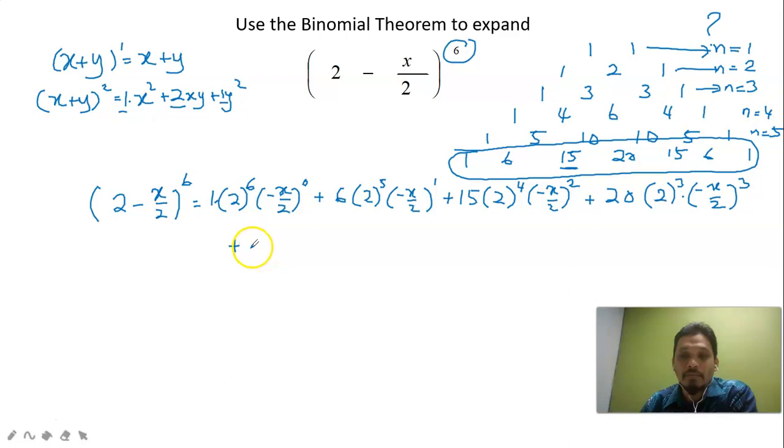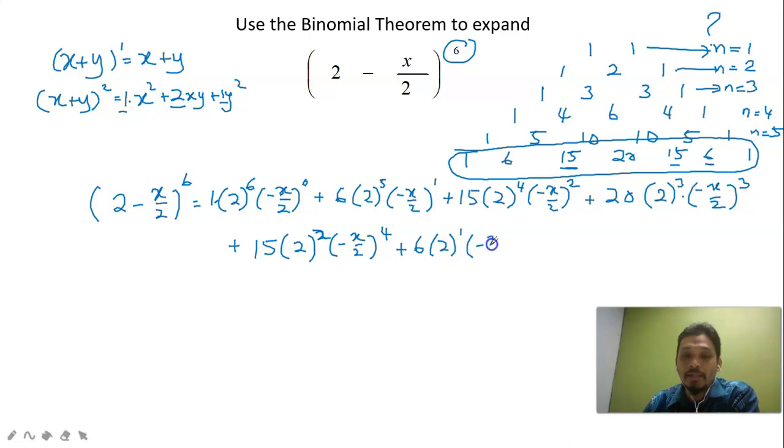plus, after 20, another 15 times 2 to the power of 2, negative x over 2 to the power of 4. Next, after 15, the coefficient is 6: 6 times 2 to the power of 1, negative x over 2 to the power of 5, and 1 multiplied with 2 to the power of 0, negative x over 2 to the power of 6.